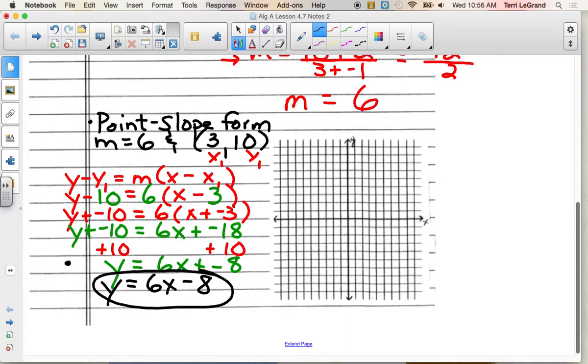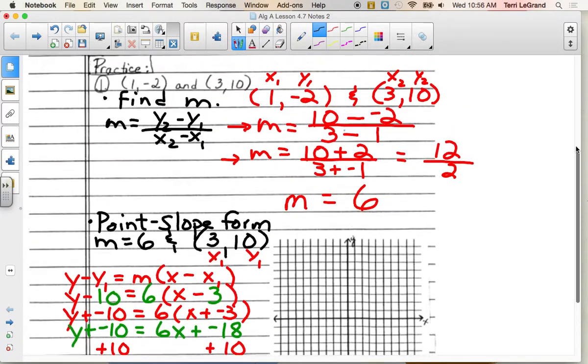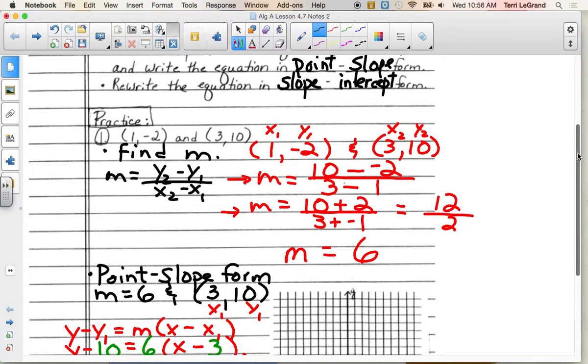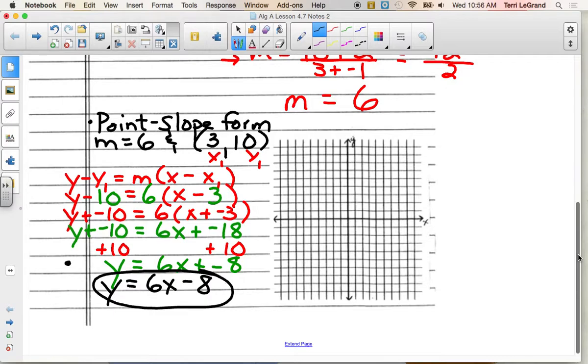Okay. So let's graph our ordered pairs that we had in the very beginning. We had 1, -2, and 3, 10. So graph those. Put both of those points on your graph, and then I want you to draw the line.